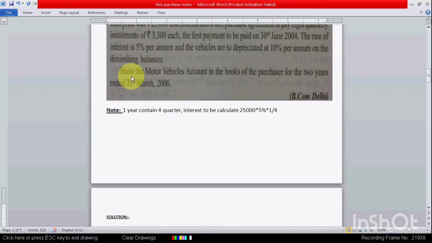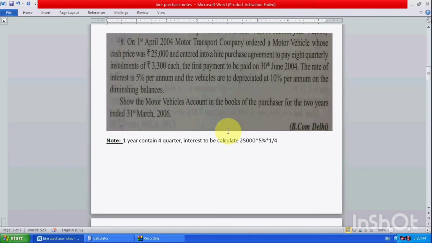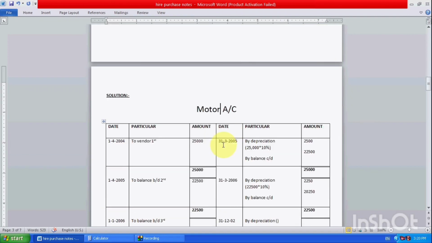Show the motor vehicle account. Here is the written motor vehicle account in the books of purchaser for 2 years ended 31st December 2006. 1 year contains 4 quarters, interest to be calculated: 25,000 into 4% into 1 divided by 4.